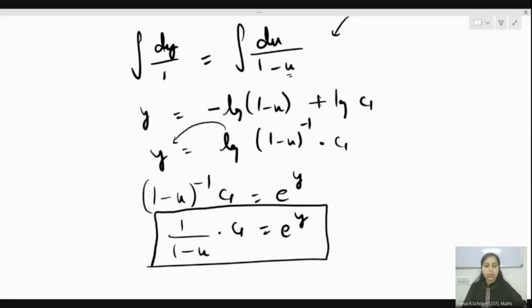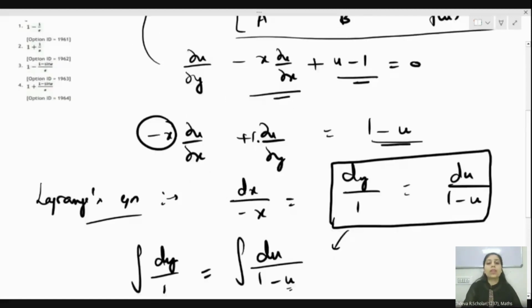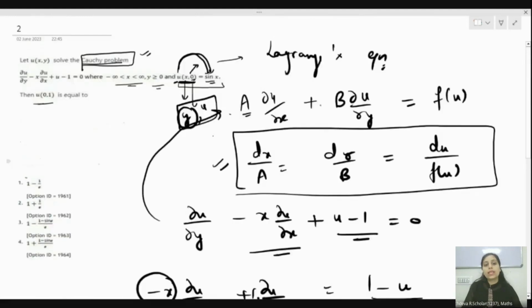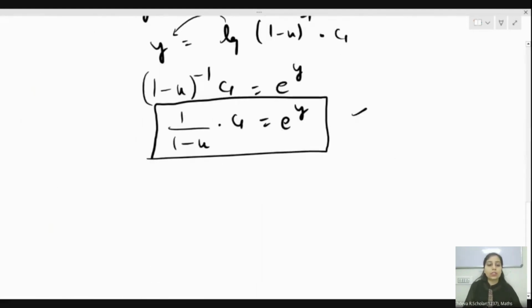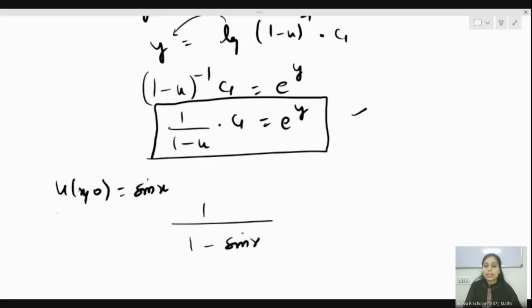Now, using this, what we can do, we have the condition. Which condition? u(x,0) is equal to sin x. So substituting this condition, u is equal to sin x, 1 minus sin x, c1, and y is equal to 0, e raised to power 0.